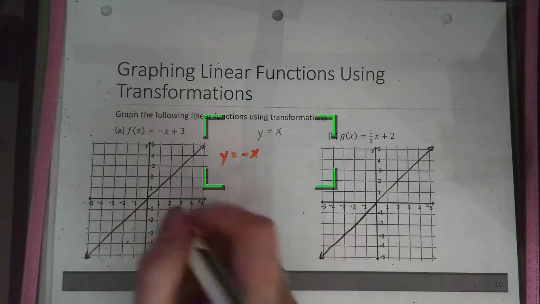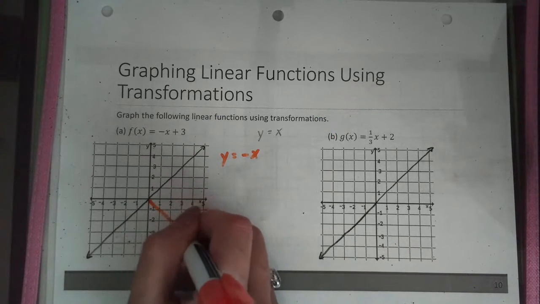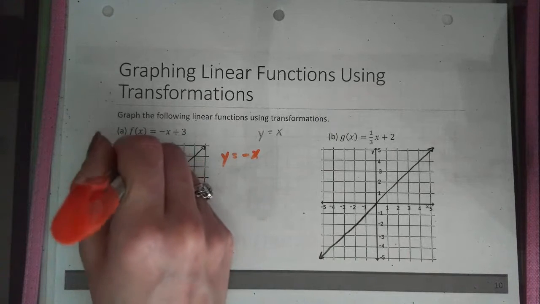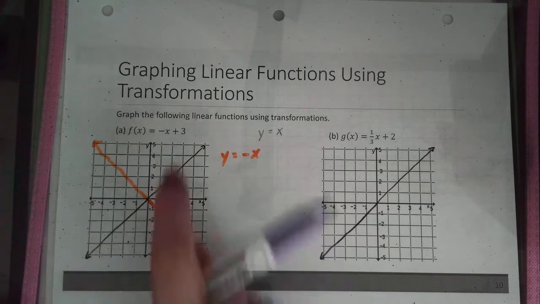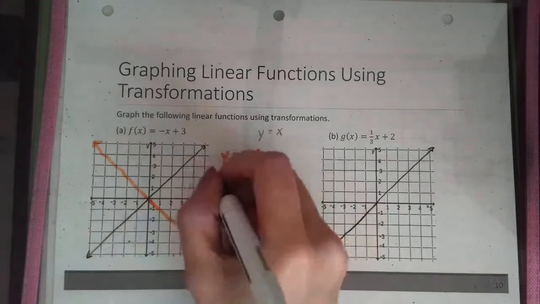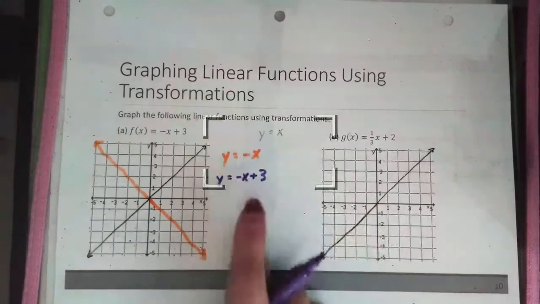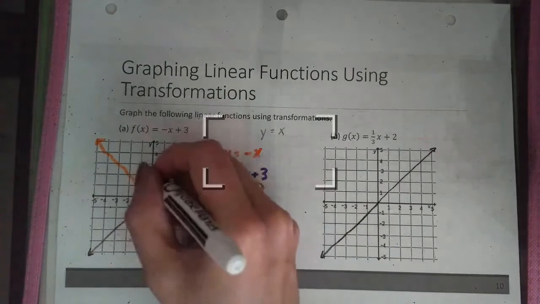Either way, it looks the same. So if we do a reflection, that's the graph we're looking at. But that's just the reflection. From there, we need to add 3. So if I graph y equals negative x plus 3, that's adding 3 at the very end of our function. So that moves it up 3.